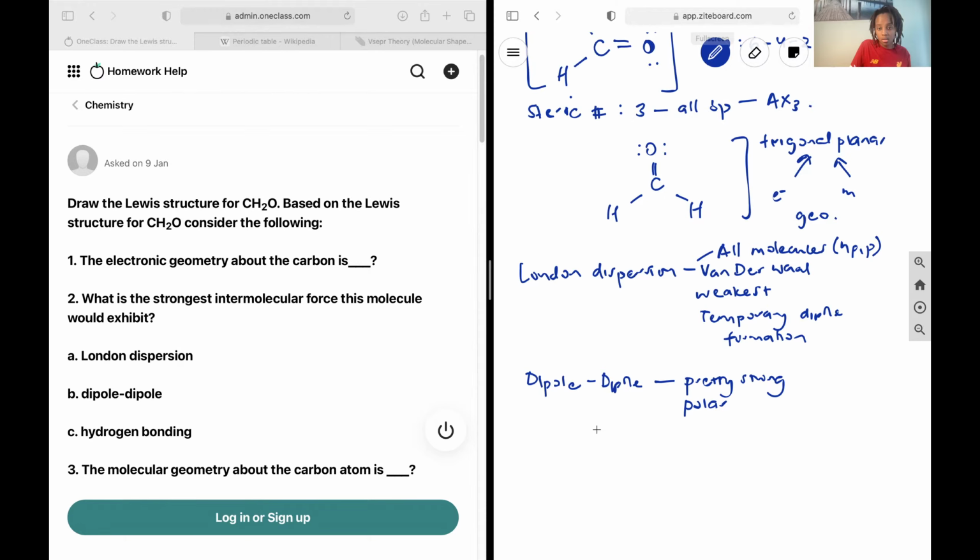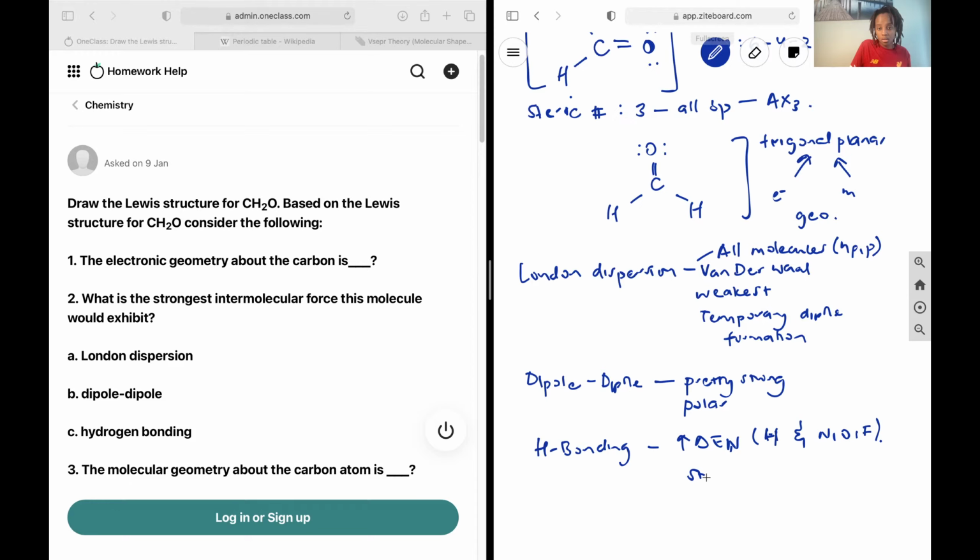And then lastly, we will have hydrogen bonding. And this is caused by a very high difference in electronegativity between hydrogen and nitrogen or oxygen or fluorine, I believe.